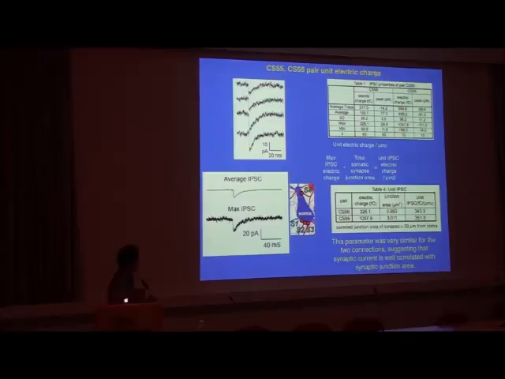And the CS55, although the size is different, comes to a very similar value. So I believe our method, our concept, is true. So this parameter was very similar for the two connections, suggesting that the synaptic current is well correlated with synaptic junction areas.